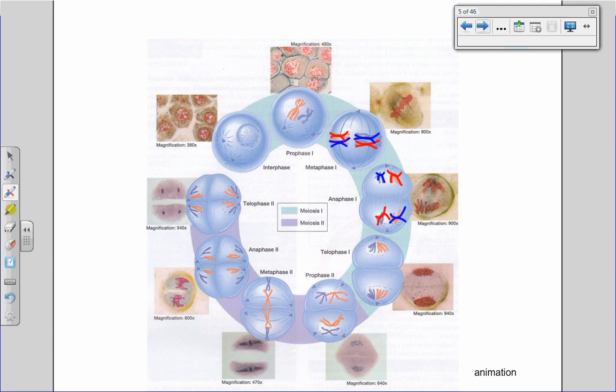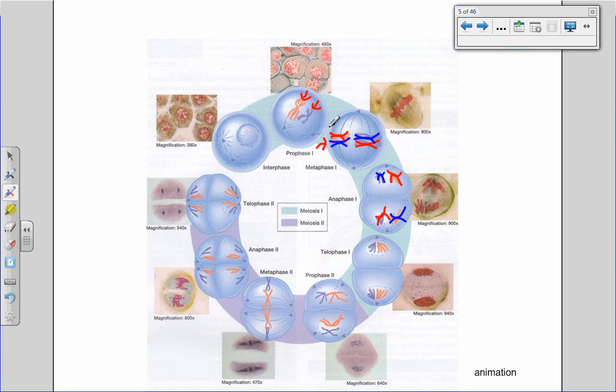So this is a diagram that's in your book. I just wanted to highlight a couple of things from it. I wish they had chosen a different way of representing the chromosomes. They have the homologous pairs in the same color here, and these two are homologous and in the same color as well, where I would rather have seen red and blue so that they have a mother copy and a father copy.